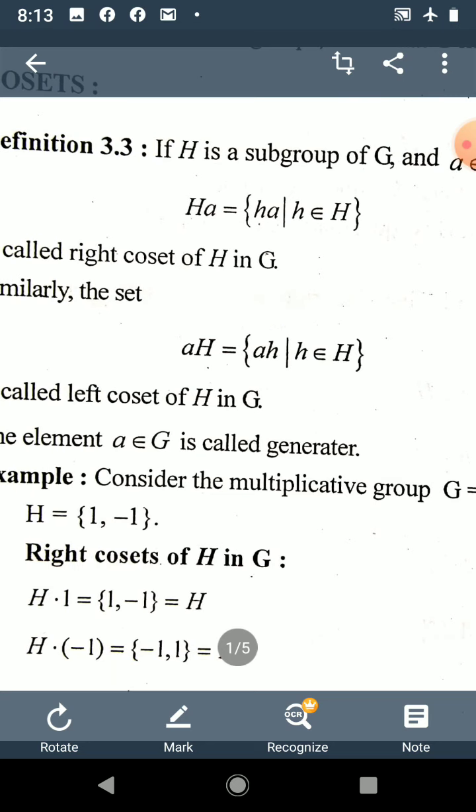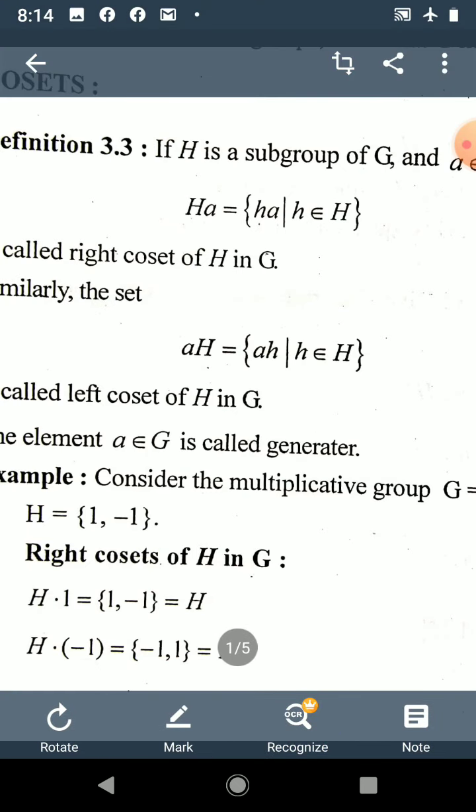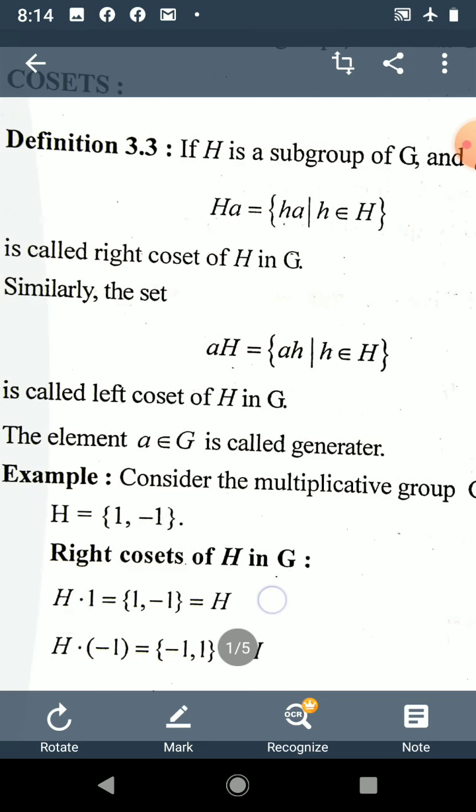Here H into minus 1 is the right coset generated by minus 1. 1 into minus 1 is minus 1, and minus 1 into minus 1 is plus 1. Again it is {minus 1, 1}, which is H. That means the right coset generated by 1 and the right coset generated by minus 1 are both H, because 1 and minus 1 are the elements of H.